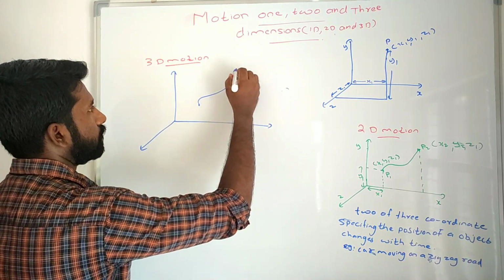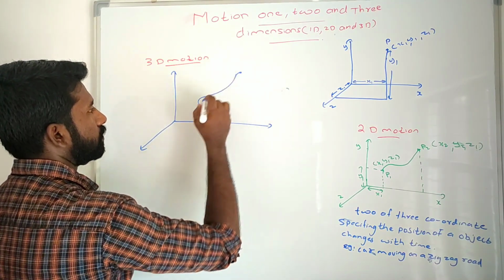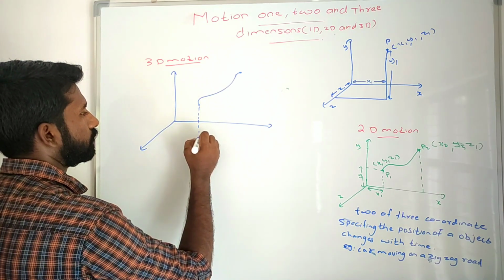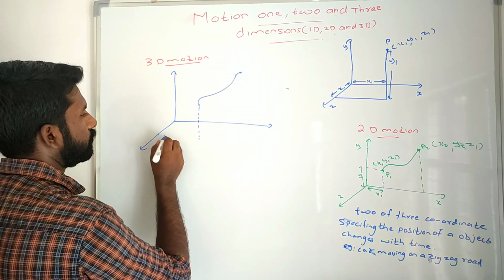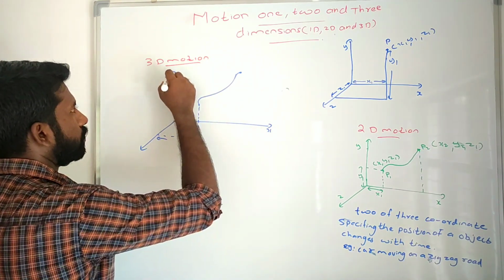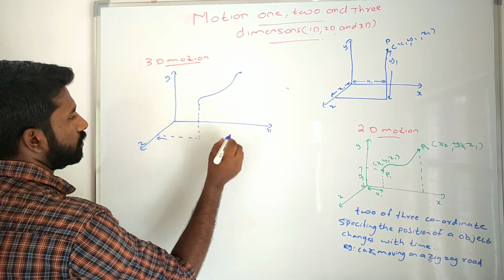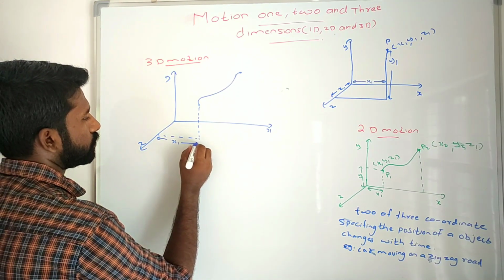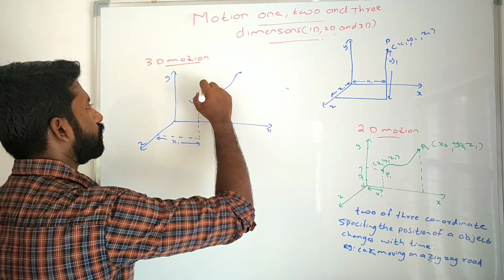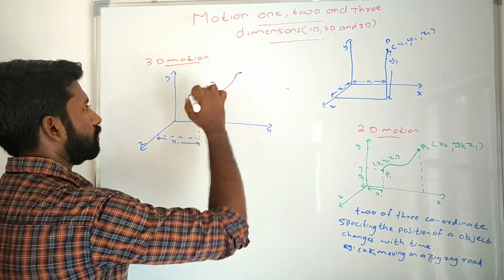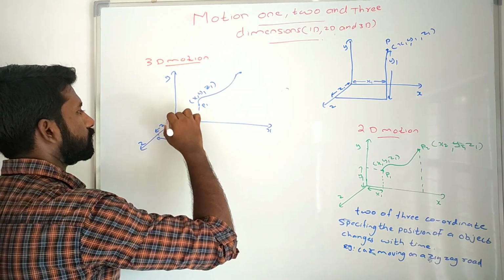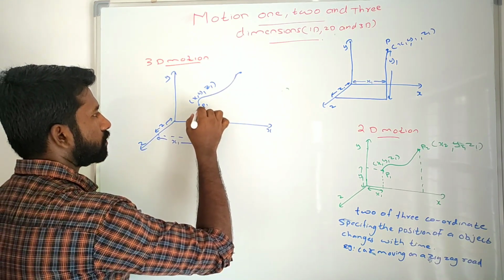This is the thing. X, Y, Z. This is the X. So we will take X1. This point is the P1 point, with components X1, Y1, Z1. And Z, how much? Z1 distance from this. Then the Y axis, how much?